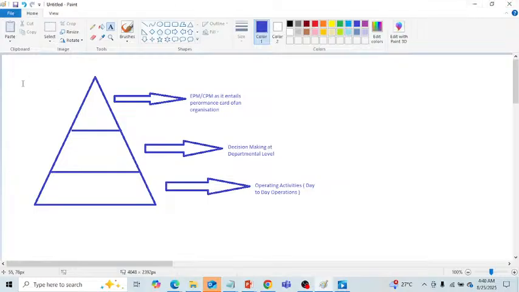So from this we can understand how the EPM and the ERP work. EPM is totally emphasized on the top level management, and the ERP works on the departmental level, that is, middle level management, as well as the lower level management. So we can differentiate it with the organizational structure. We can also make a nice diagram for it. Let's differentiate it. And here it's all about the ERP.